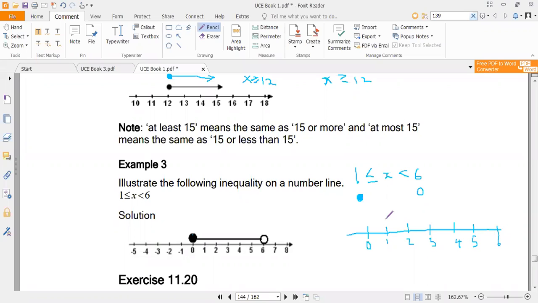Since 1 is included, on 1 we shall have a shaded circle, and then on 6 it will be open, not shaded inside, and we connect the two, and that is where our range of values lies. So this is the representation of 1 less than or equal to X less than 6.